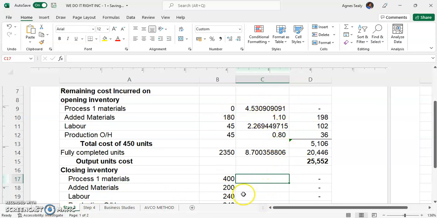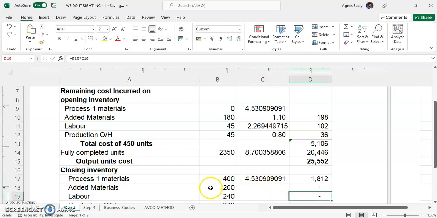So the cost per equivalent unit for process 1 material is 4.530909091. And when we multiply the 400 equivalent units by that figure, we get $1,812 as the value of process 1 material in the closing inventory.